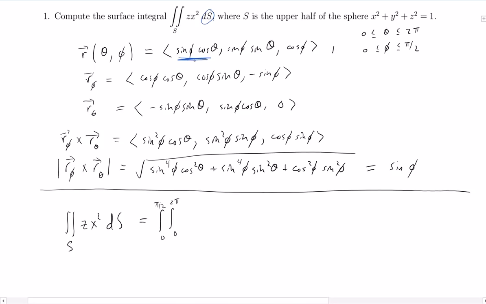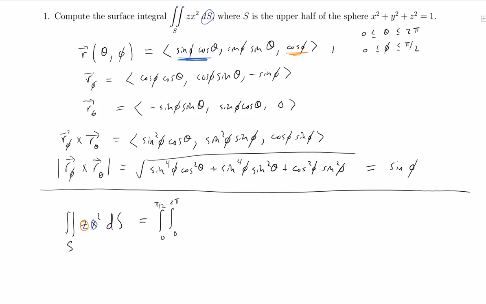So here is the x component of the parametrization. We will substitute that in for x. Here is the z component of the parametrization. We'll substitute that in for z. And we don't see any y's in our function, so we don't have to worry about substituting that.